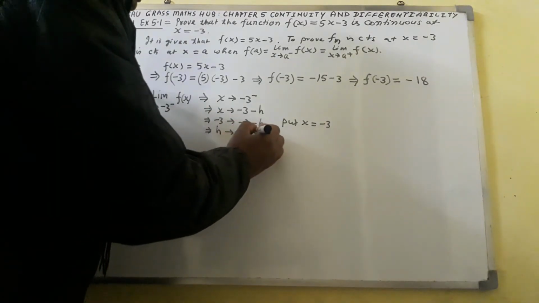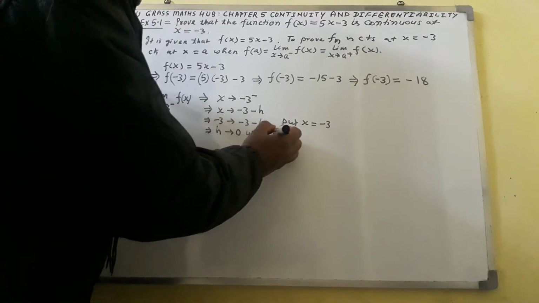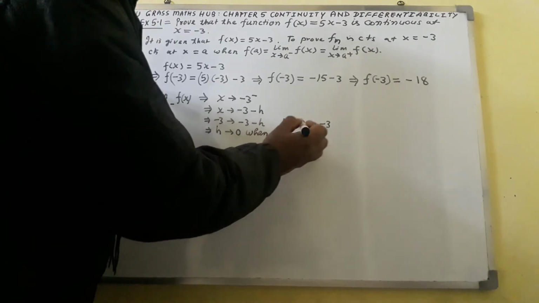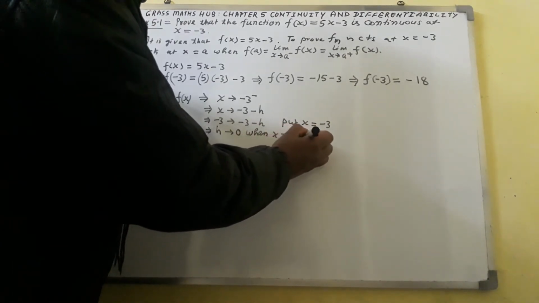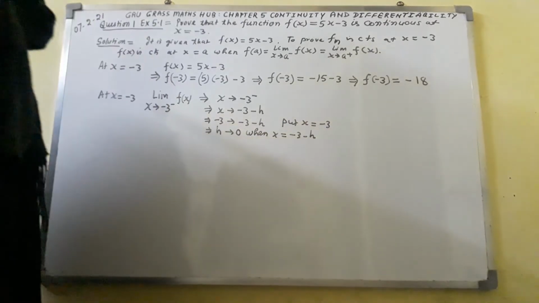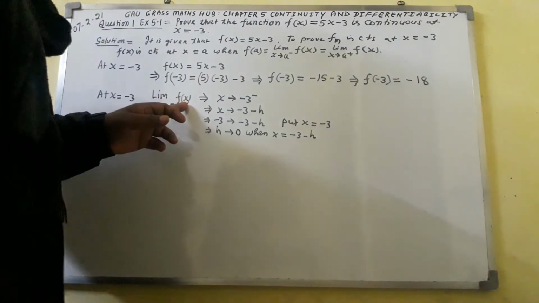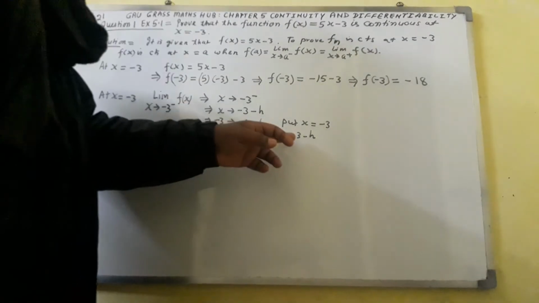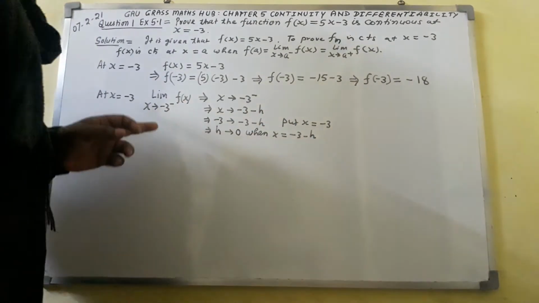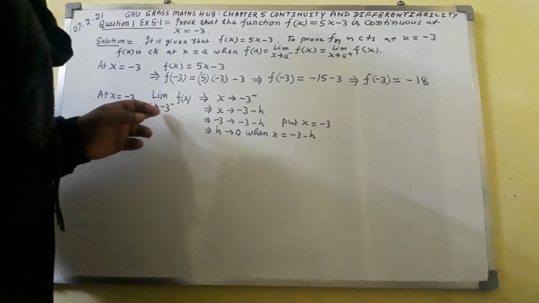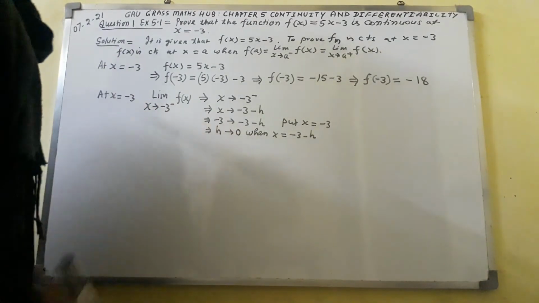When x equal to minus 3 minus h, here in the function, in place of x, I shall write minus 3 minus h. Then this limit will change to h tends 0.